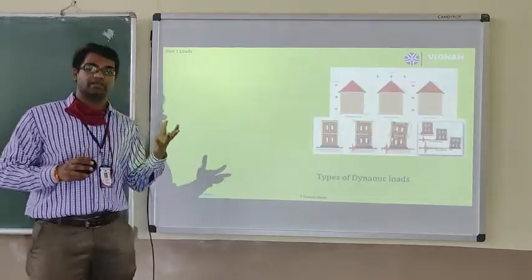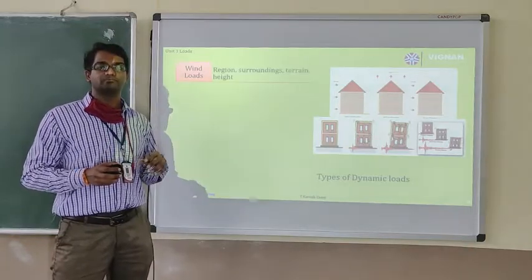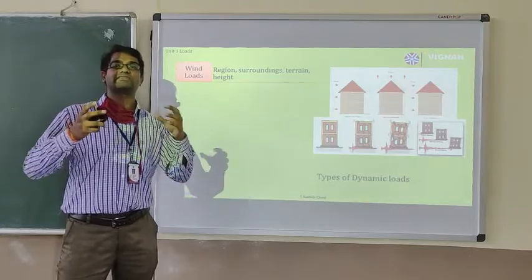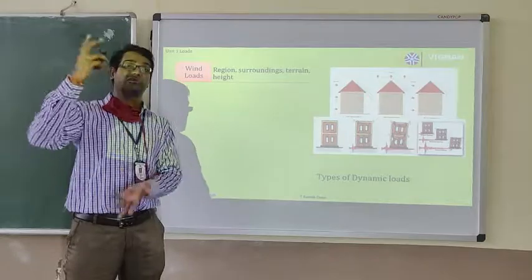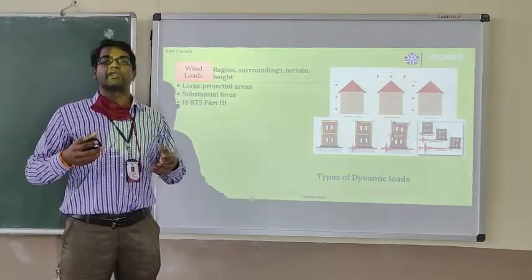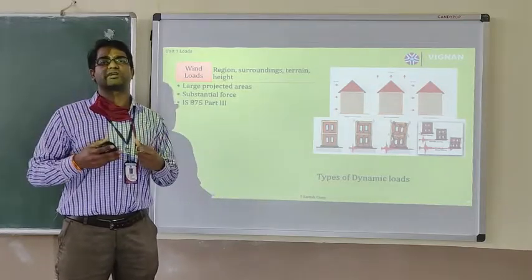When it comes to dynamic loads, which are time varying loads, there is wind load. Wind depends upon the region and upon the surroundings where the building is. It also depends upon the terrain and the height of your building. There are many factors if you want to calculate the wind load. Wind loads act on large projected areas.